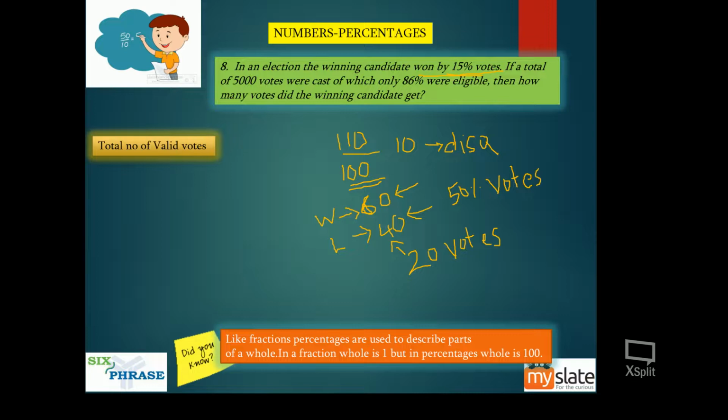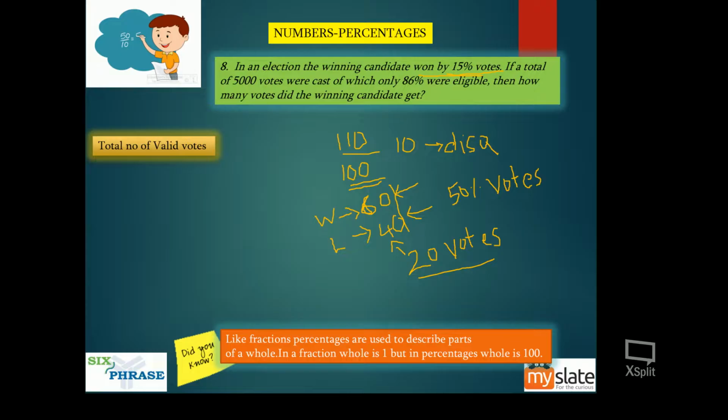You could say the winner won by 20 votes, or you could say the winner won by 20 by 40 into 100 percentage votes. 20 is 50 percentage of 40, right? 20 is half of 40. Half is 50 percentage. So the winner won by 50 percentage of votes.